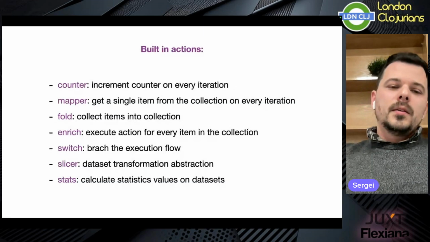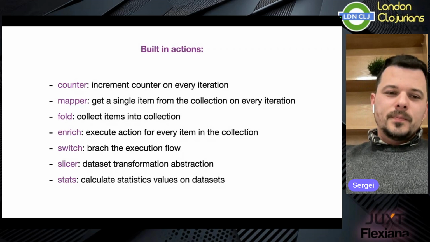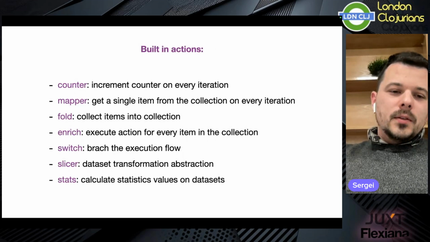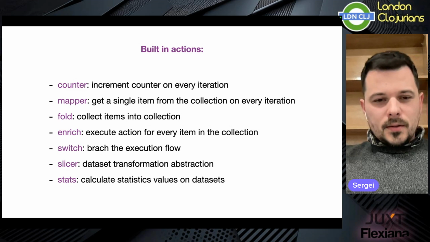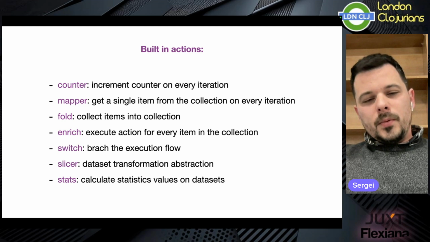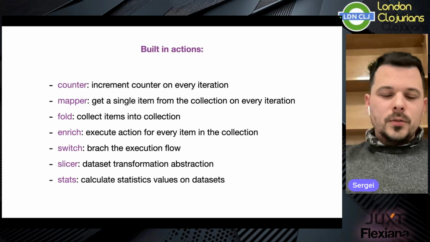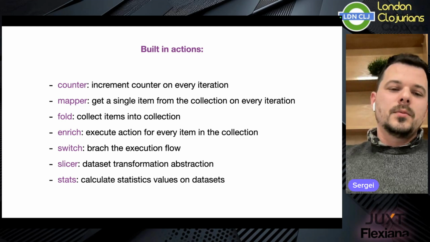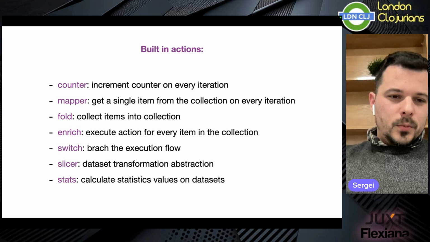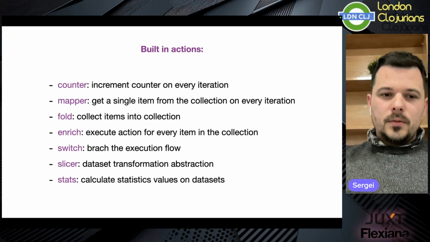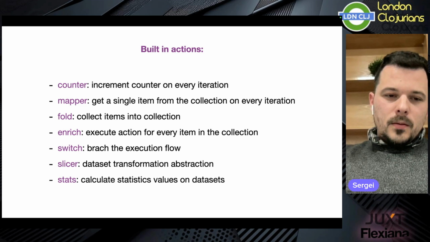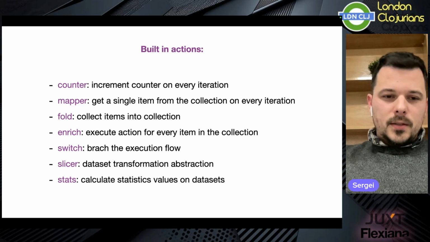And yeah, I think the most interesting action we have built in Colette is slicer. Slicer can group your collections, split them up, and join different collections together based on some criteria. You can do whatever you want with collections, because this slicer action uses the TechML dataset abstraction.